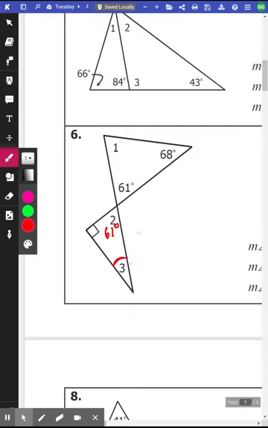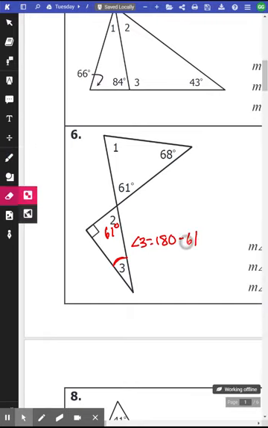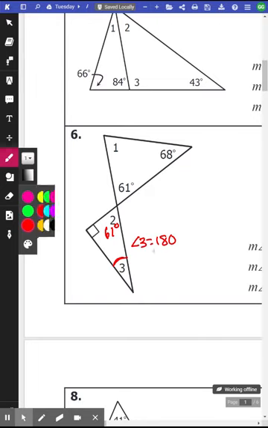If I want to know angle 3, it's just going to be 180 minus 61 minus 90. That would be 29 degrees.